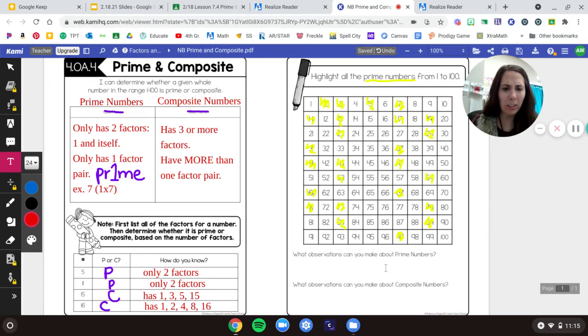So now, think through, what do you notice about all the prime numbers, the ones that we highlighted?